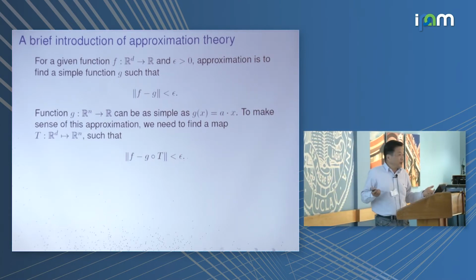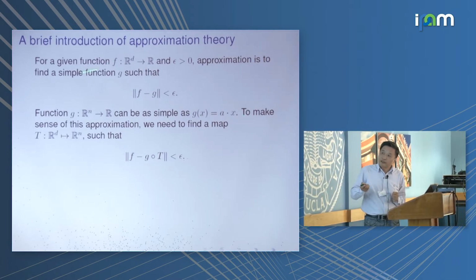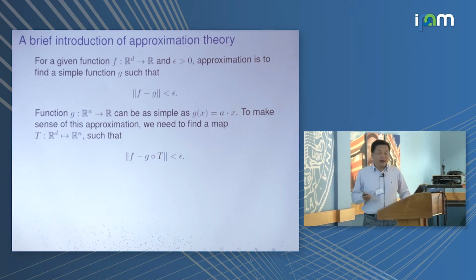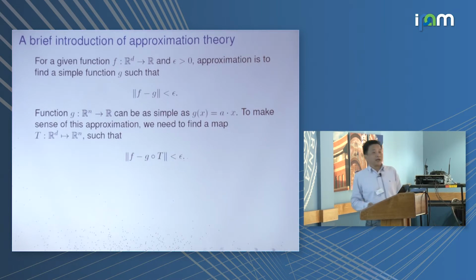This is a very simple function. You want g to be simple, but for this approximation to make sense, you must have a map. This map is T, from R^d to R^n. Then you hope that you have a proper T, so that the norm of f minus g composed with T is smaller than epsilon.